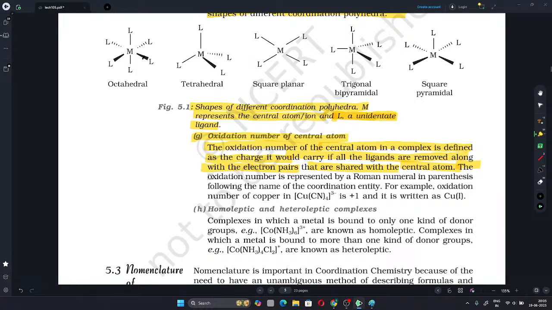The oxidation number is represented by a Roman numeral in parenthesis following the name of the coordination entity. For example, the oxidation number of copper in [Cu(CN)4]3- is +1 and is written as Cu(I).